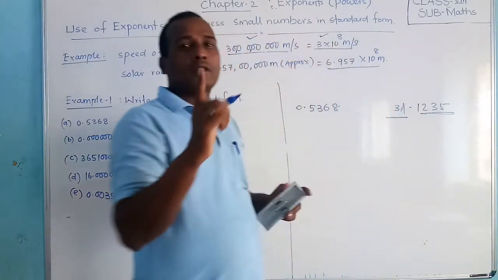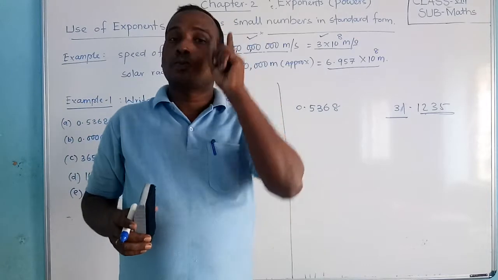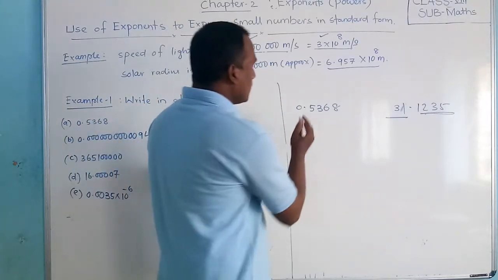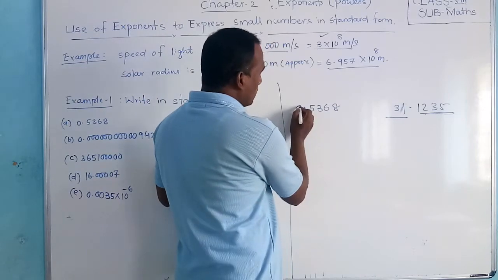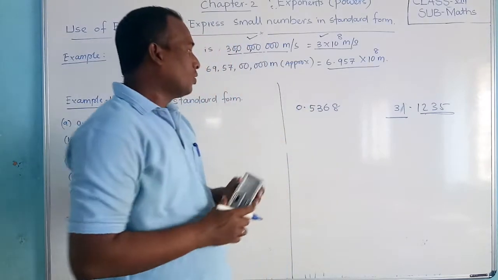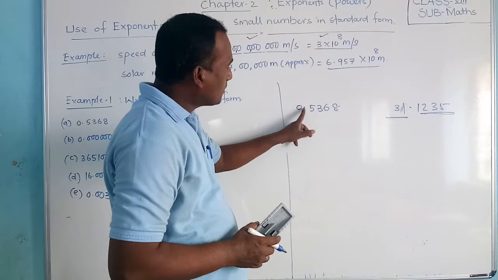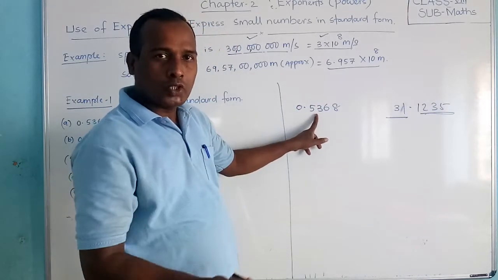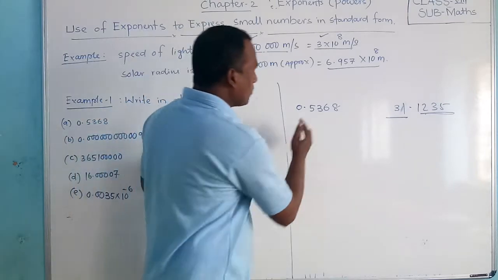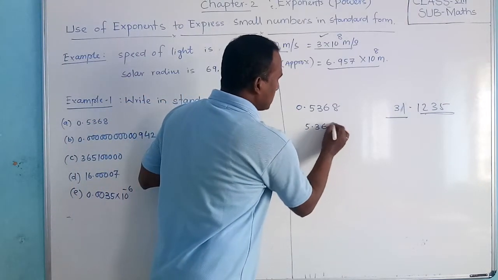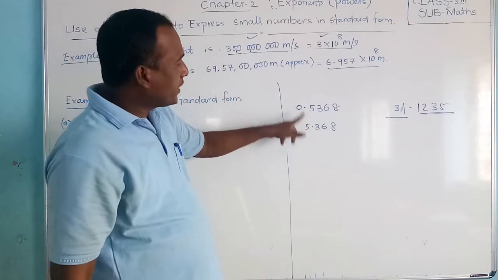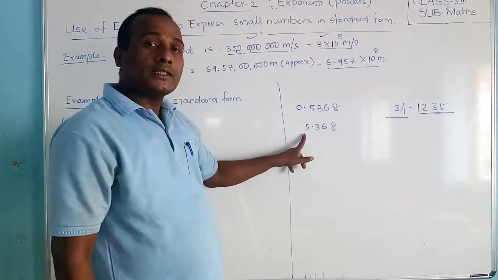So before the decimal point, at least one digit should be there in the whole number part. Here there is no digit before the decimal point, so we have to move the decimal to the right side by one place, then it will become 5.368.